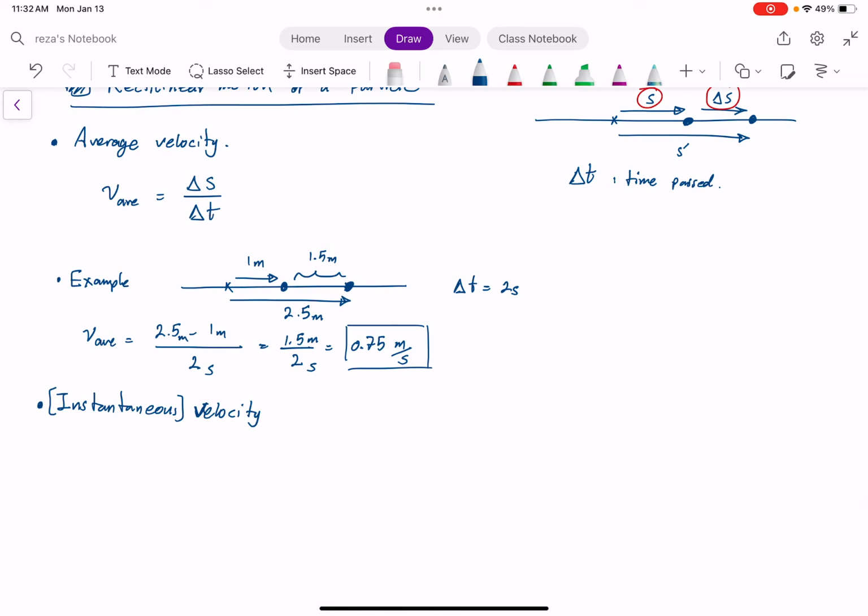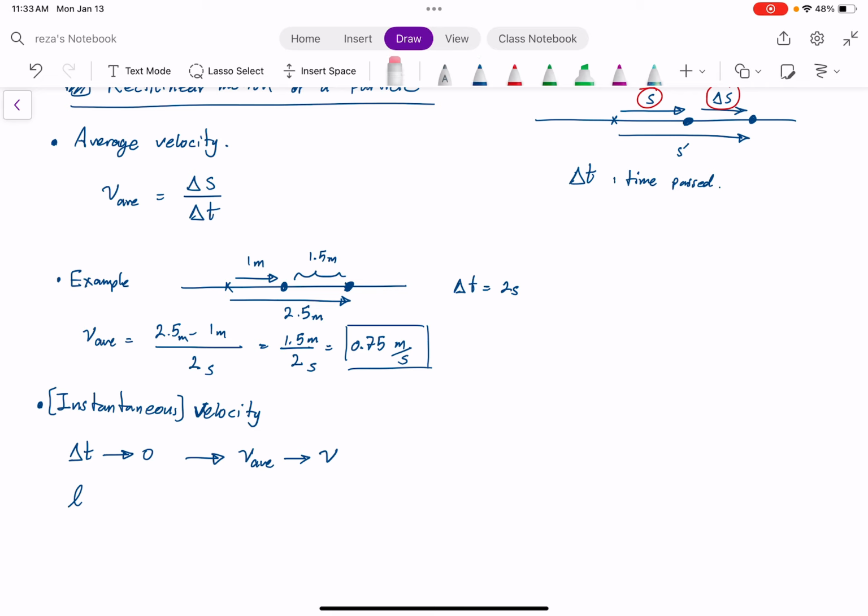By making these time intervals smaller and smaller, so making my delta t approach 0, the average velocity that I calculate in that tiny time window approaches the instantaneous velocity. So this is a limit.